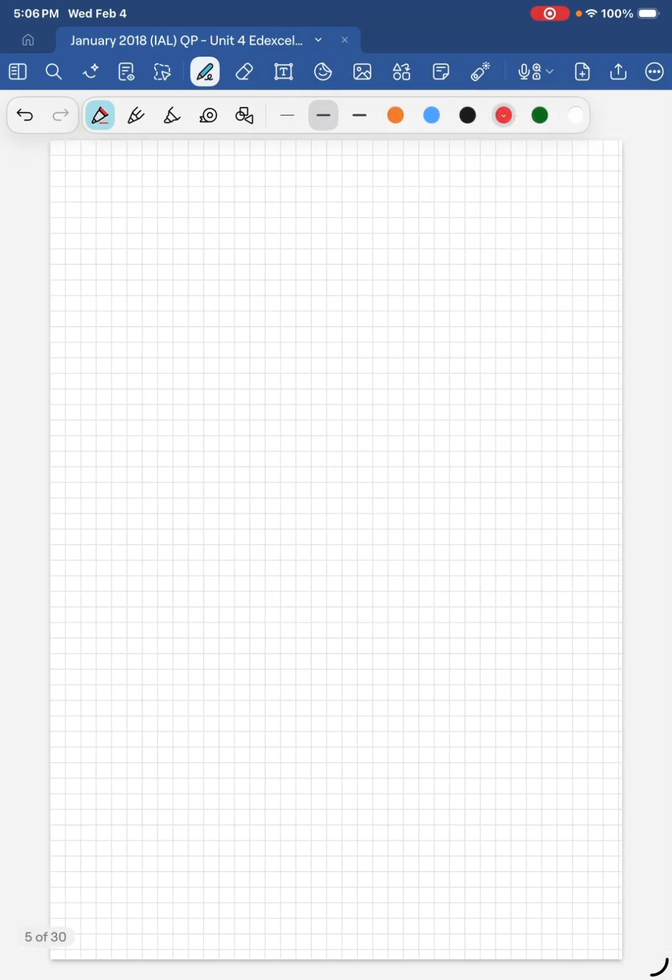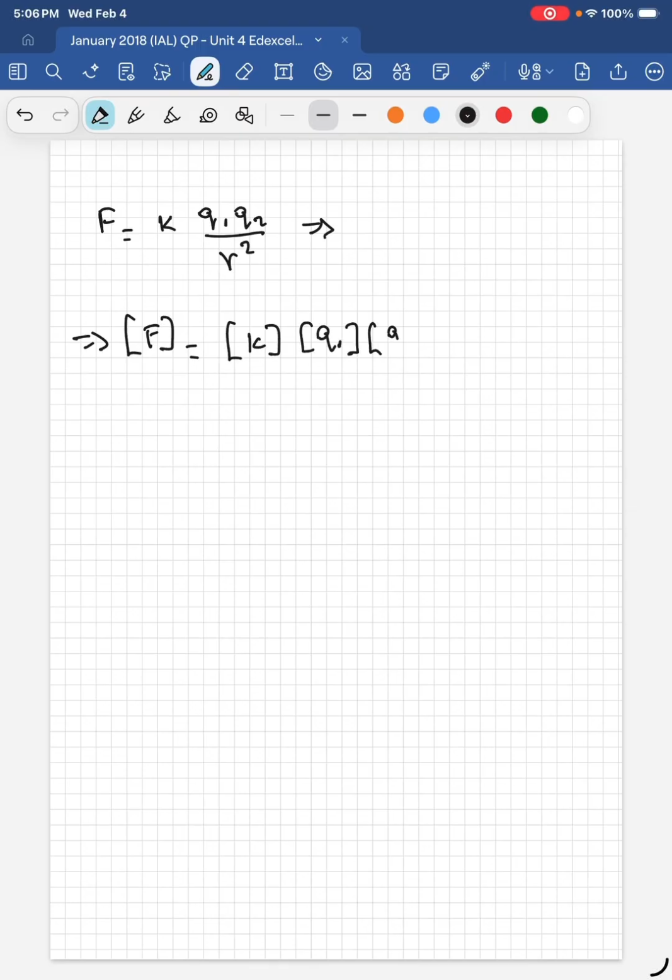So Coulomb's law tells you that the force experienced between two charges, say, is k Q1 Q2 over r squared, right? So the units of F will be equal to the units for k, and then the units for Q1, units for Q2, and then units for r squared.